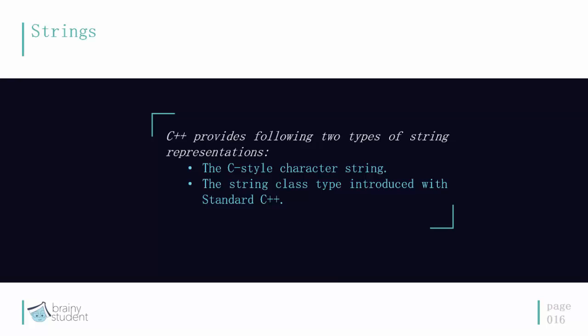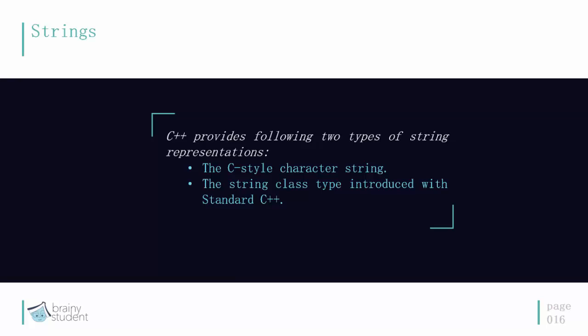So any collection of characters will be known as a string. C++ provides two types of string representation: the C style character string and the string class introduced with standard C++. So these are the two character string types that C++ supports. I hope it is clear.